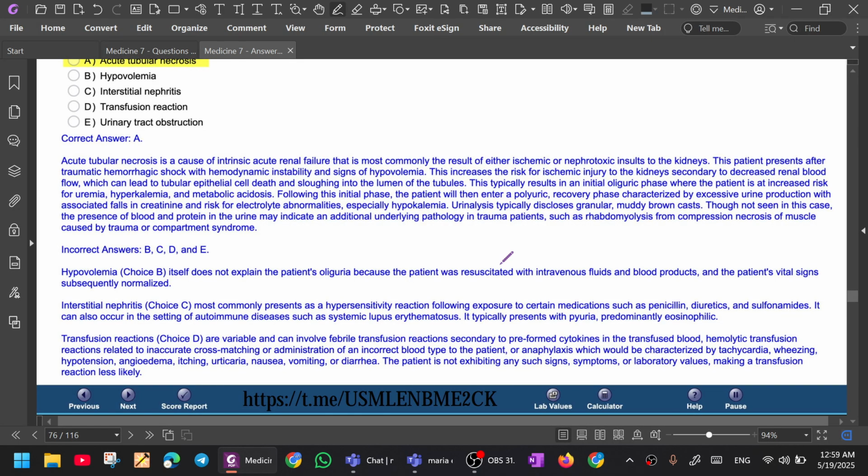Transfusion reactions are variable and can involve febrile transfusion reaction secondary to preformed cytokines in the transfused blood, hemolytic transfusion reaction related to inaccurate cross matching or administration of an incorrect blood type to this patient, or anaphylaxis, which would be characterized by tachycardia, wheezing, hypertension, angioedema, itching, urticaria, nausea, vomiting, diarrhea.